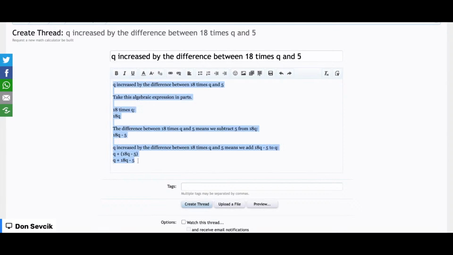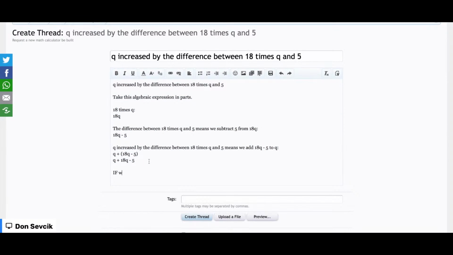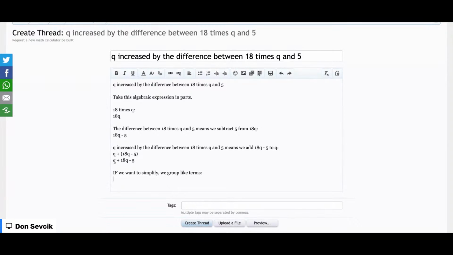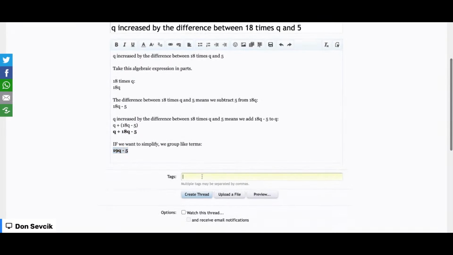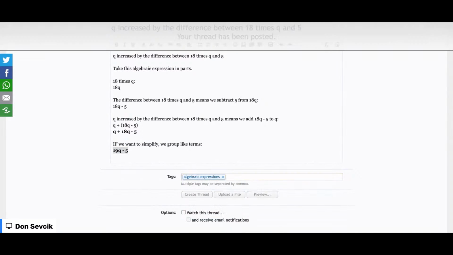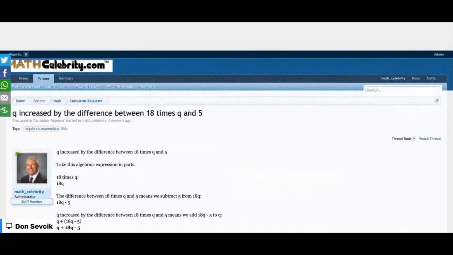So technically, this may be your answer, but if we want to simplify, we group like terms. 1q plus 18q is 19q minus 5. So really, either of these could be the answer. Sometimes they simplify and sometimes they do not.